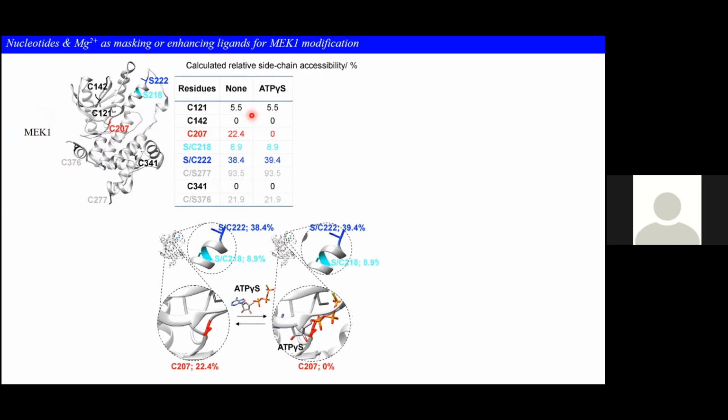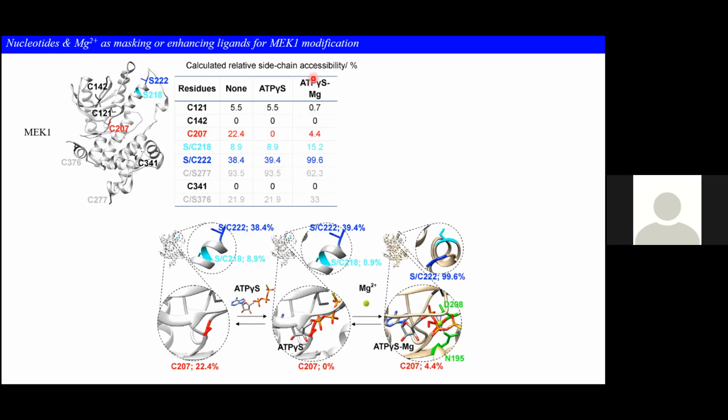We found that if we add the nucleotide ATP to this site, the accessibility of this site can drop from 22% to 0, but there's no change for our target site. Furthermore, if we add magnesium ions, the accessibility of our target site can increase from 40% almost to 100%.